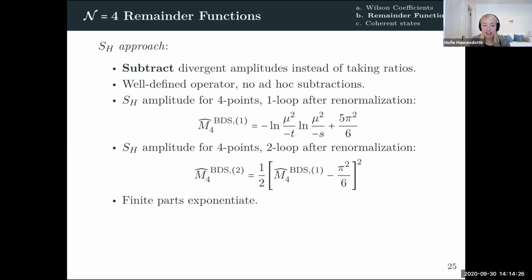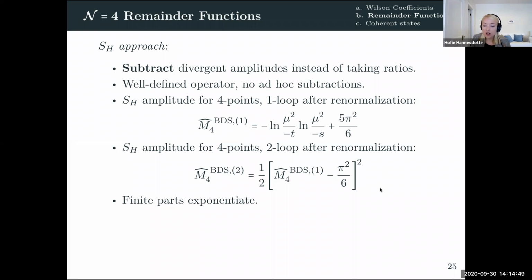And what happens then is that you get this very simple answer after renormalizing. You get that the four-point one loop hard amplitude, the hat here is supposed to denote the hard amplitude, is just given by this simple expression, which is very different from the slide I showed you earlier, which has a much more complicated expression.